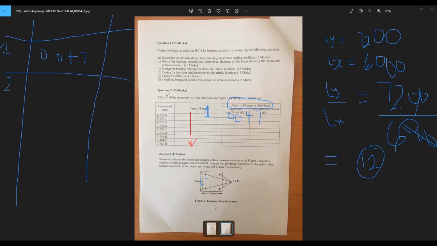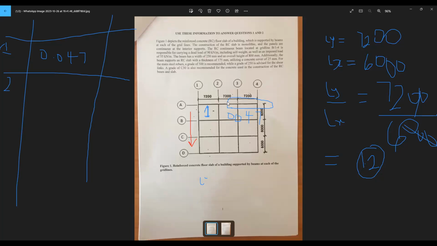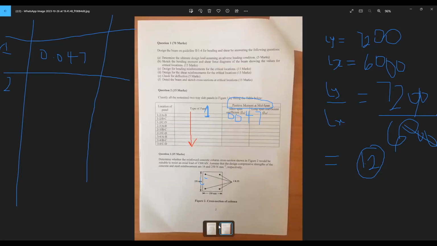Then let's move on. Panel 2. The panel 2, we said, is a longer edge, or one long edge discontinuous. So you come back, one long edge discontinuous, and it has the same dimension as panel 1.